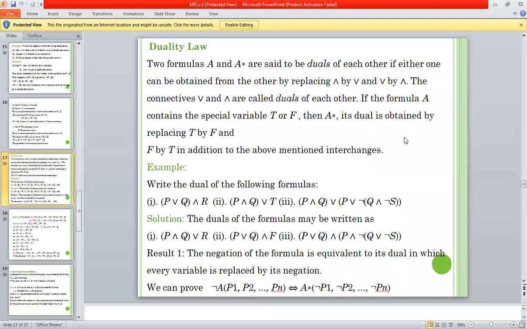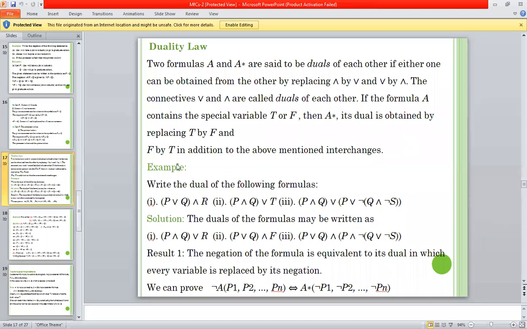So what is duality law? In the given statement, if we have the conjunction operator, then in the dual we replace it with the disjunction operator, and vice versa; in place of true we replace false, and in place of false we replace true. That is called duality law.